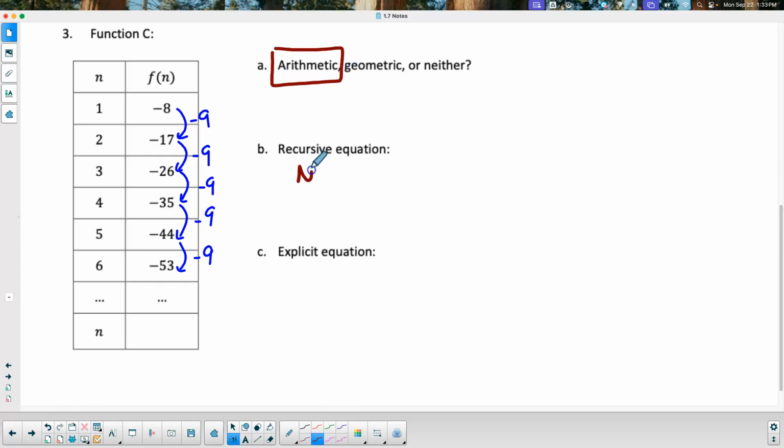So our next is going to equal our previous minus 9, and we started at negative 8.